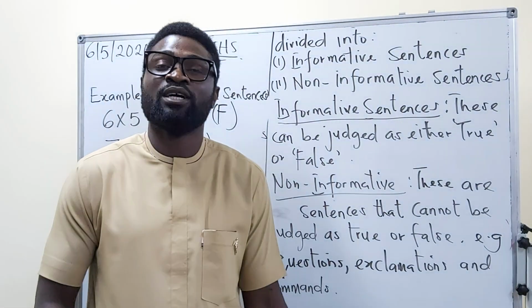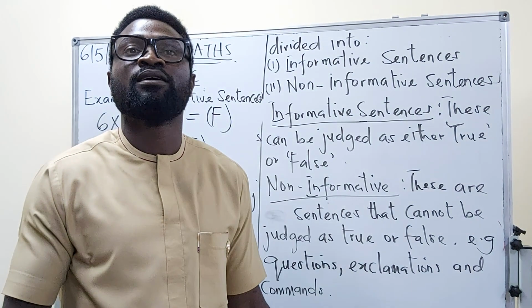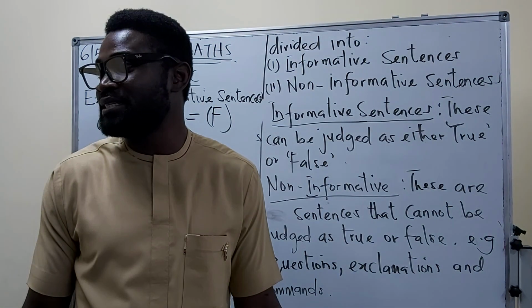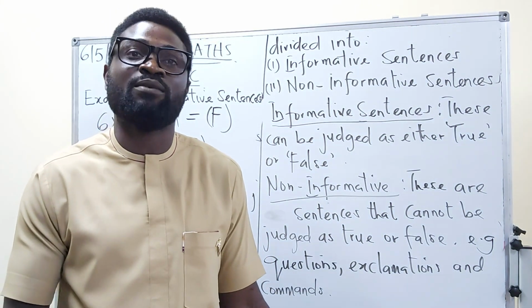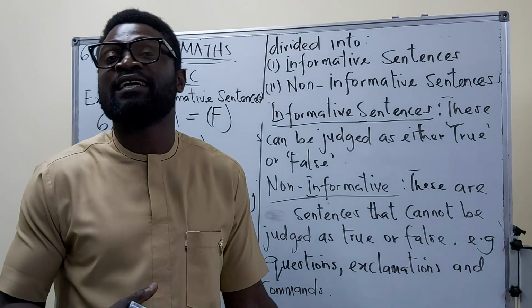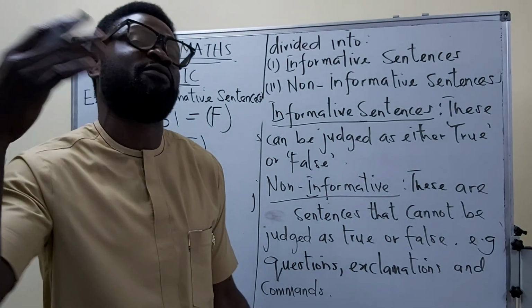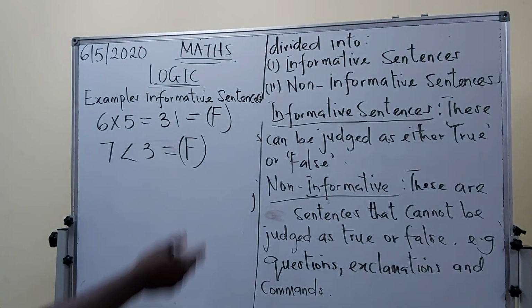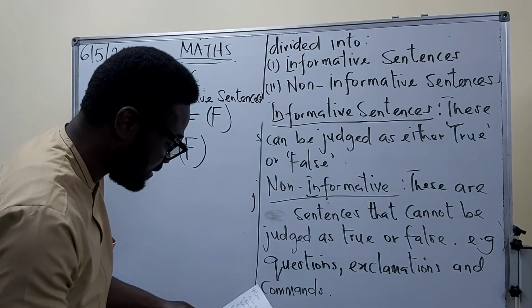But if somebody tells you your name is, for example, Abo, you will tell the person, this is true, that's my name. But when I ask you what is your name, you first tell me Abo. Then I am in a position to judge after you have answered. So this is what we are talking about: informative sentences and non-informative sentences.